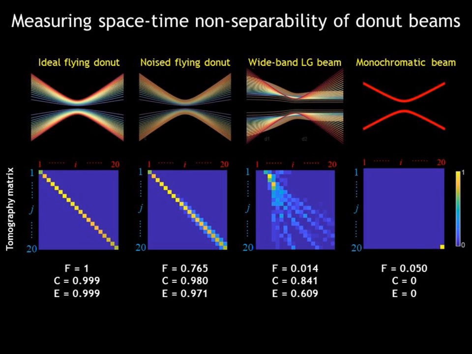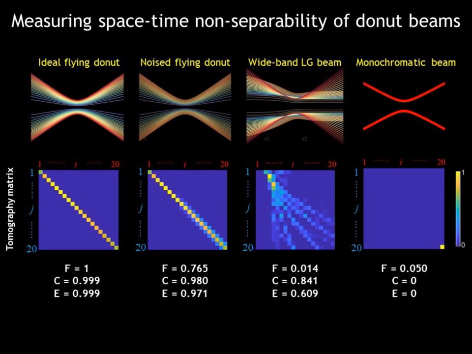The wideband LG beam does not have the isodiffraction, so the fidelity is nearly 0, and the monochromatic LG beam also has a fidelity of nearly 0. The concurrence and the EOF of the flying donut are nearly 1.